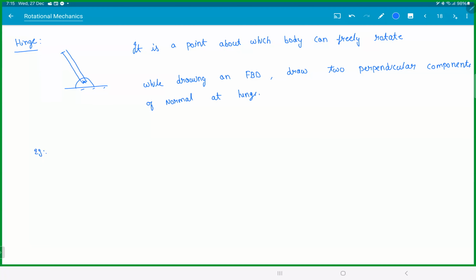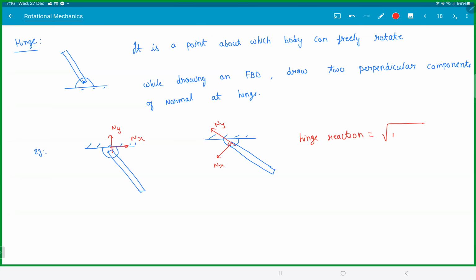Example, let's say we have a rod hanging like this. The only condition is they should be perpendicular. I don't care how you draw. You can draw NY like this, NX like this, or you could have drawn NY like this and NX like this. If they ask you what is hinge reaction, you should give root over NX square plus NY square. This is the total hinge reaction.